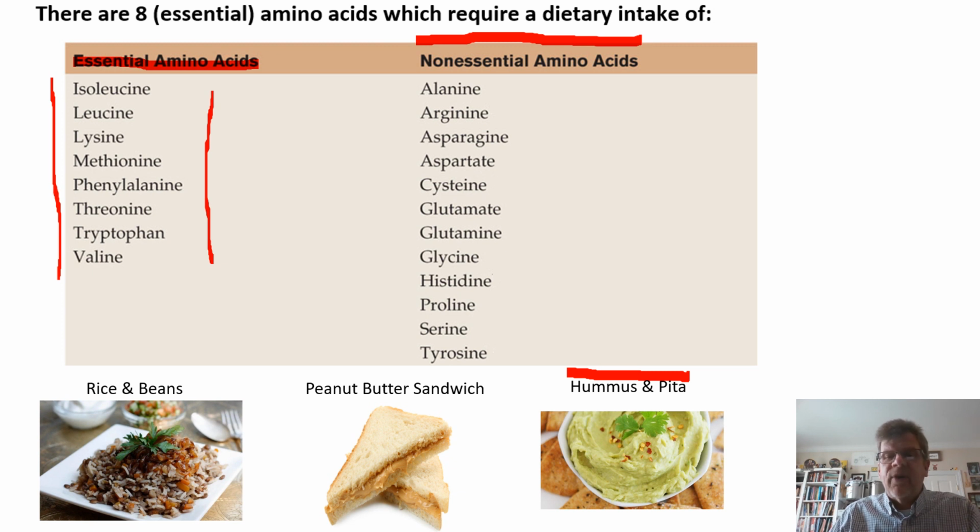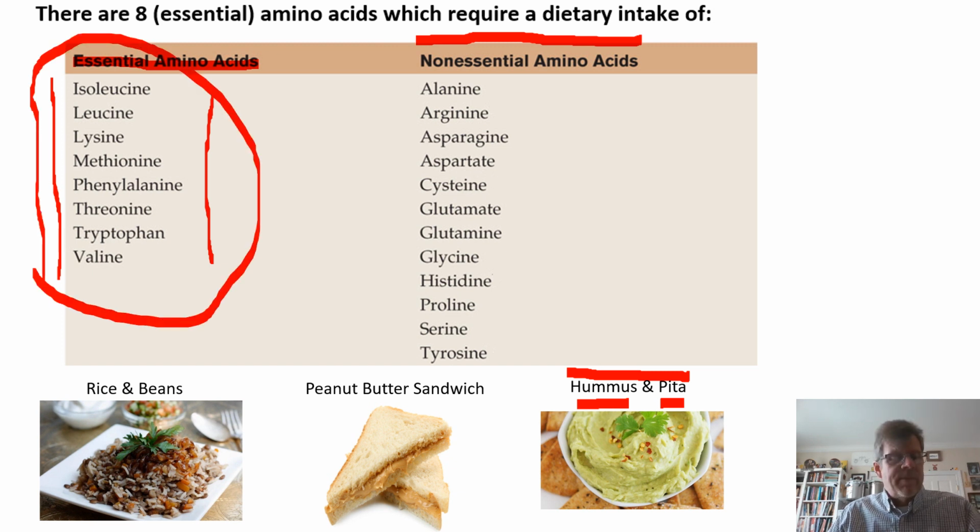Both of these have stores of certain essential amino acids, but put together we get all 8. So as long as you're careful, it's quite easy to have a dietary intake of all 20 amino acids, in particular all 8 essential amino acids.